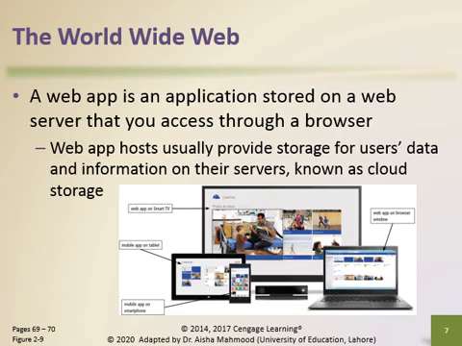Because the data and the information of each app is stored on cloud storage, all data is synchronized and accessible from anywhere you have an internet connection, regardless of the computer or device used.